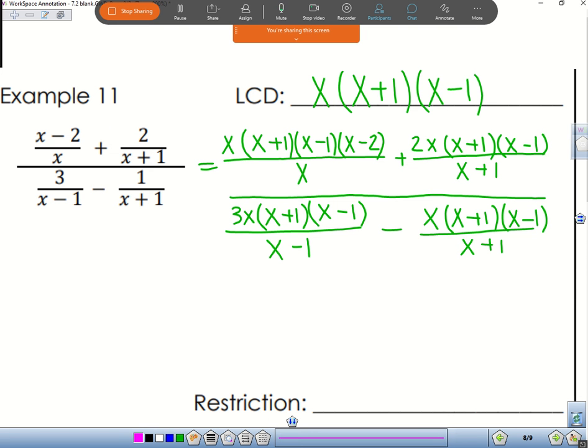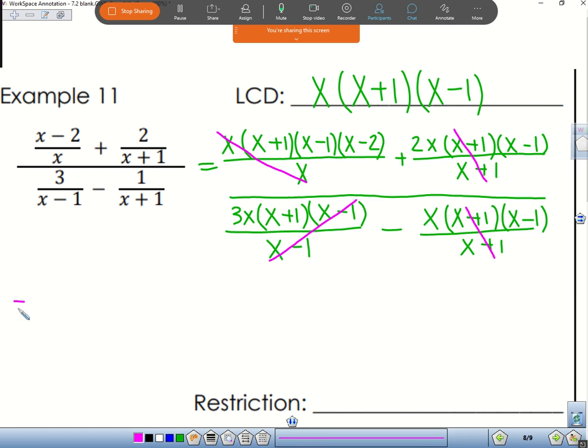Once you do that, you're going to see what you can cancel out in each one of these fractions. And there's going to be at least one thing. So the x's here will cancel out. The x plus 1s will cancel out. The x minus 1s here. And the x plus 1s here. I'm going to rewrite it as is.